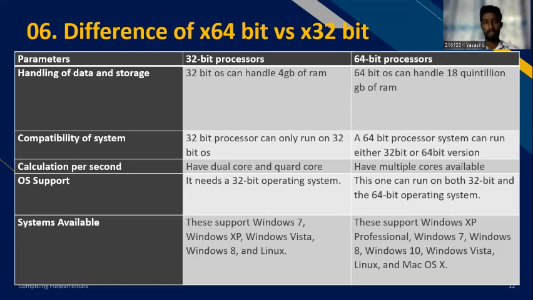Next one is system availability. The supported 32-bit operating systems are Windows 7, Windows XP, Windows Vista, Windows 8, and Linux. 64-bit operating systems support Windows XP Professional, Windows 7, Windows 8, Windows 10, Windows Vista, Linux, and Mac OS. I hope all of you have understood the difference between 32-bit and 64-bit.